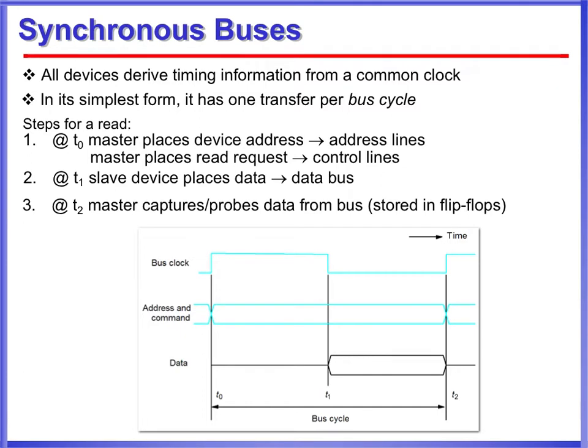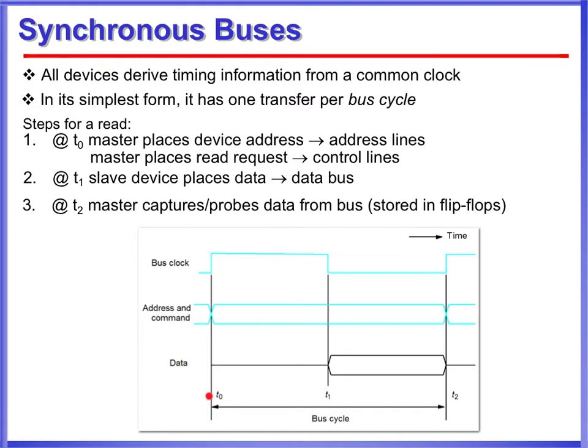It will get the value that's there, and then on the next transition of the clock, this downward edge, it will put that data on the data bus, which is indicated by this here. So there's no valid data up to this point, and then at this point the memory unit puts the data on the data bus.